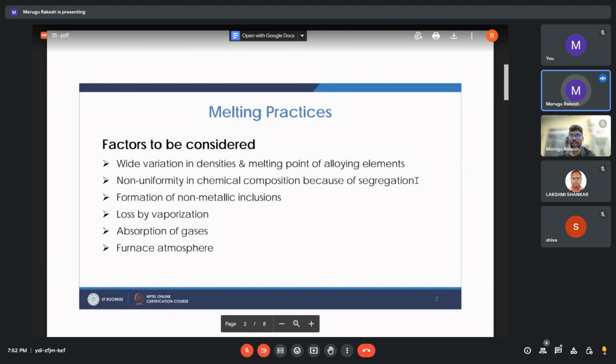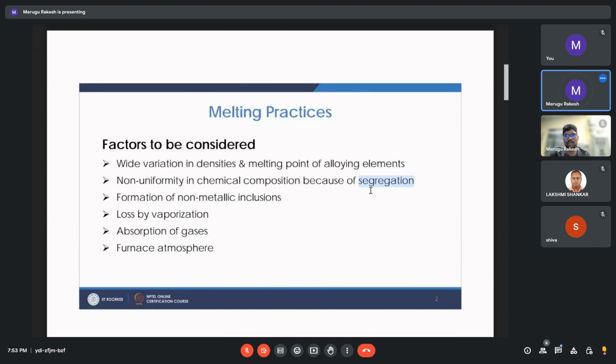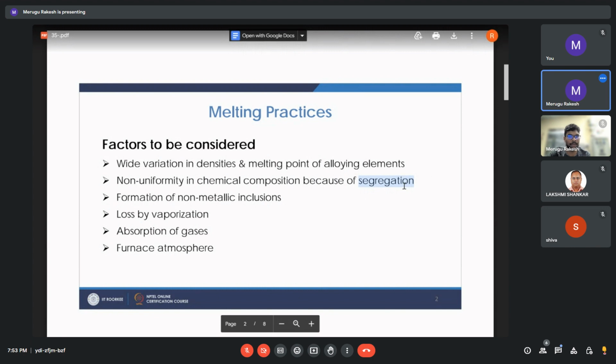For example, with aluminum and copper, the primary aluminum forms alpha aluminum, which has less solubility of copper, so the copper is rejected and the rest of the molten metal gets enriched with copper concentration. That is called segregation. There are many types: macro scale and micro scale. Then another difficulty is non-metallic inclusions.